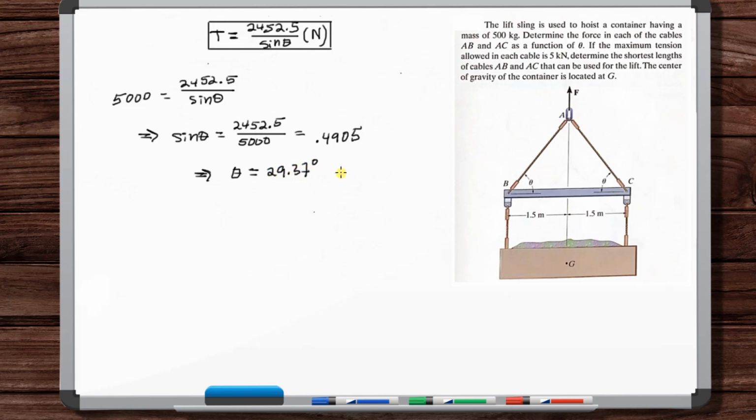Okay, anything smaller than that, the tension in the cables goes above 5 kilonewtons. So at this theta, what is the length of the cables?